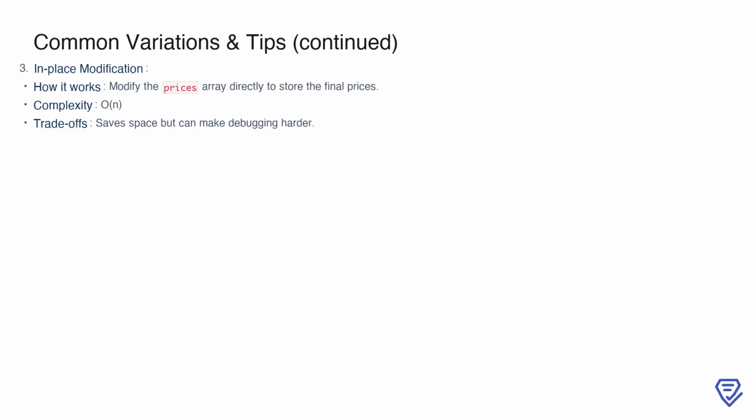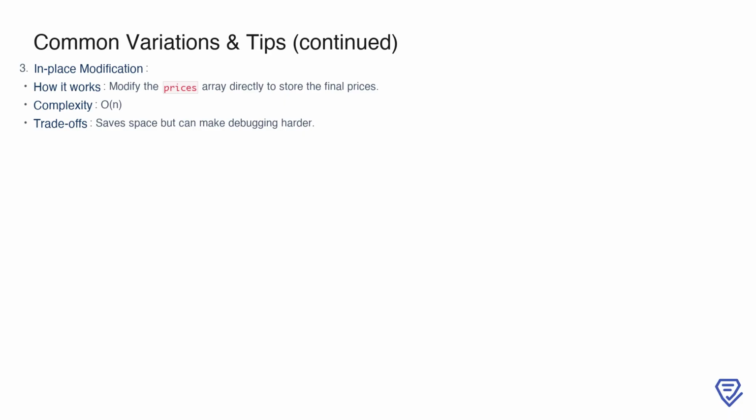Another efficient approach is to modify the prices array in place to store the final prices directly. This method eliminates the need for additional space and works well within the constraints of the problem. By updating the array as you calculate discounts, you save memory, which can be especially important when working with large datasets.